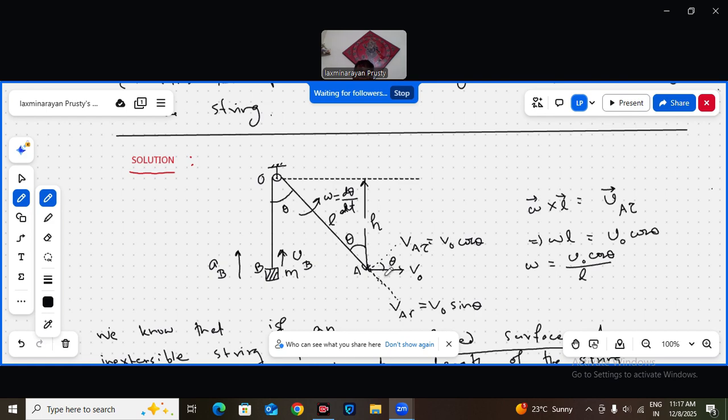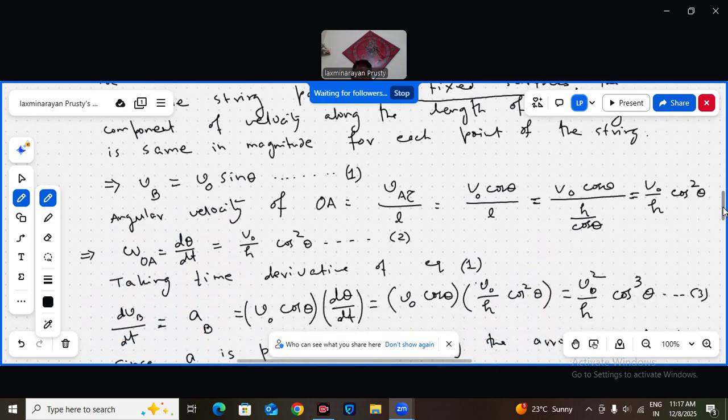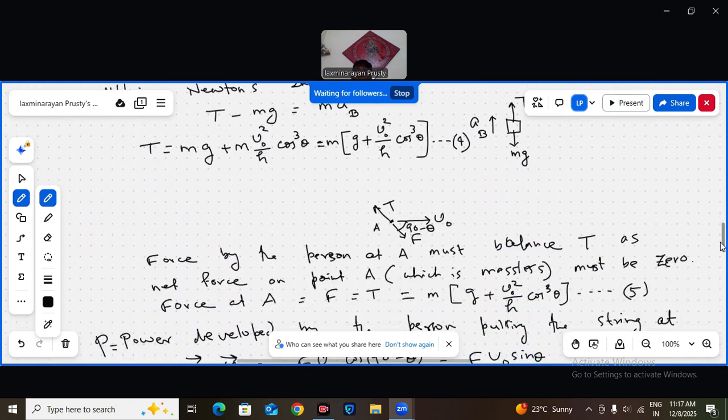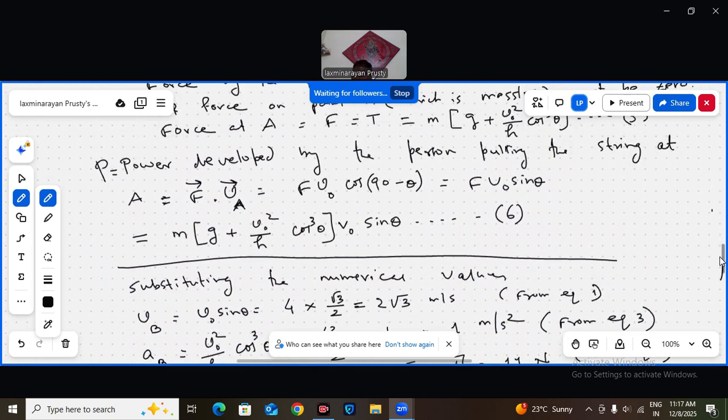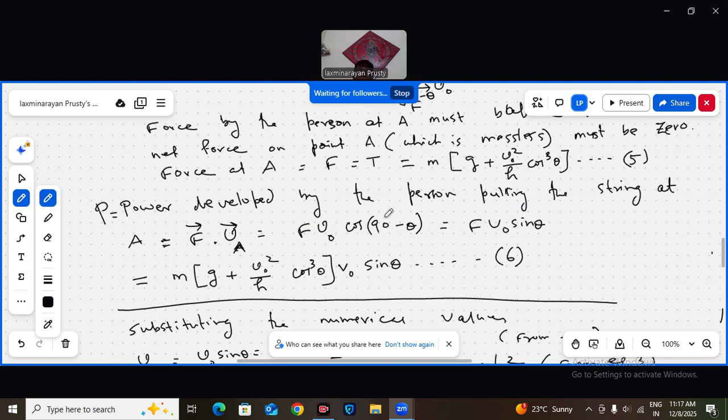So F V naught cos(90 minus theta) should be the work done per second. Am I clear? So power developed by the person pulling the string at A is equal to F dot VA, F V naught cos(90 minus theta), which is F V naught sin theta. And F I already know, this value is F. I substitute that, and get V naught sin theta. Okay.